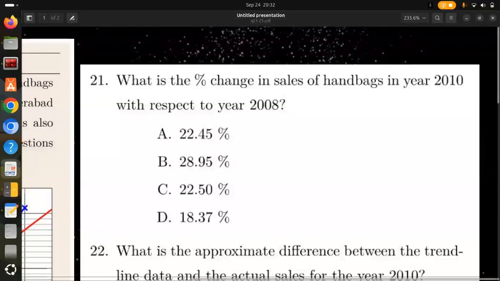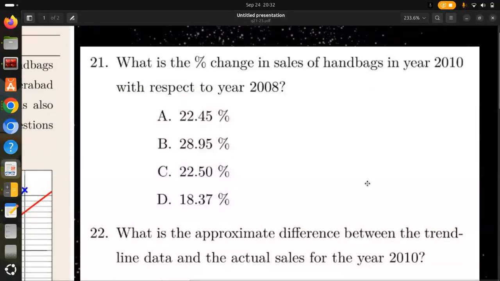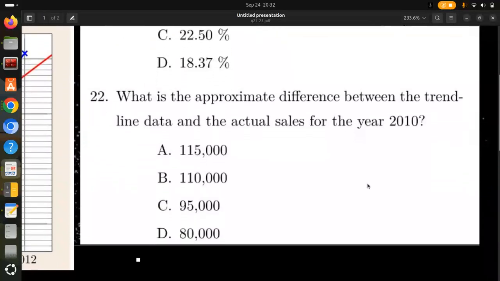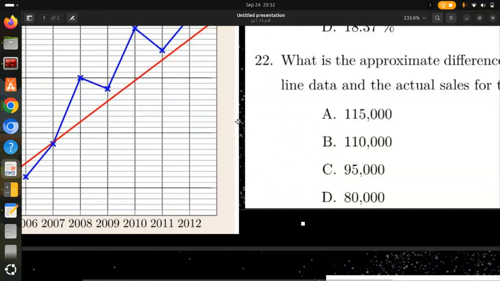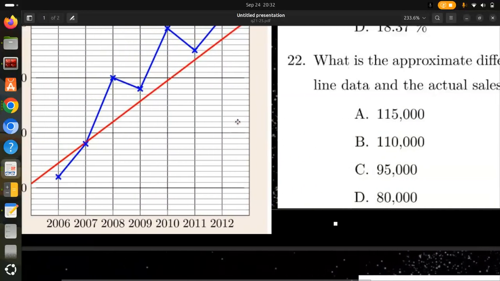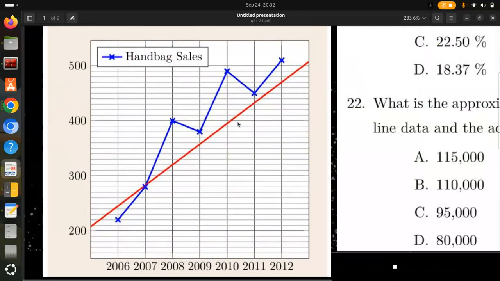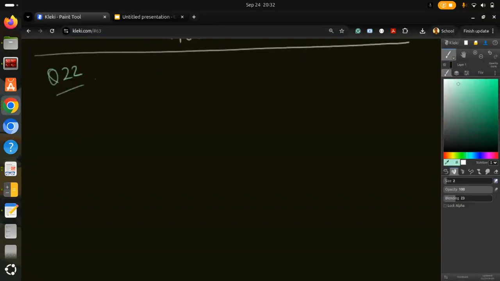So what is the question? What is the approximate difference between the trend line data and the actual sales for the year 2010? So now we need to find the difference between the trend line and the actual data. Here it is actually not very clear, but let's see. The actual sales in 2010 is 490,000 units.